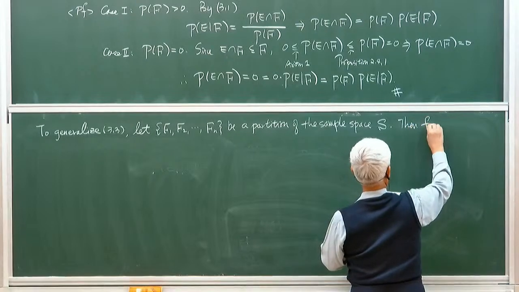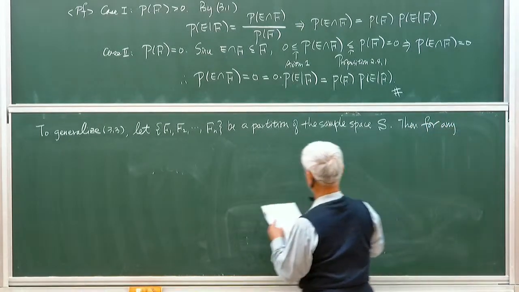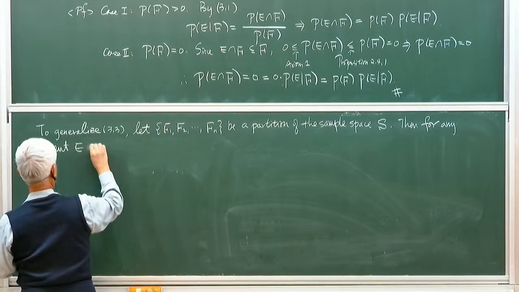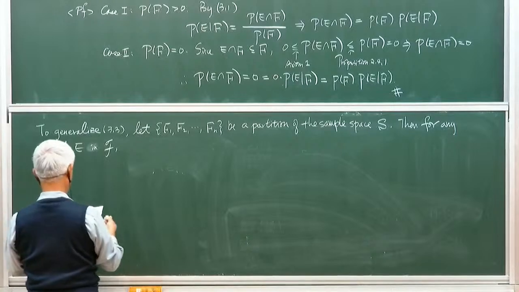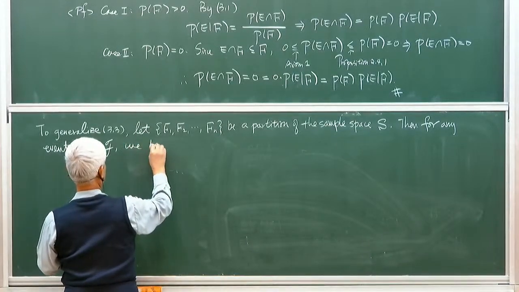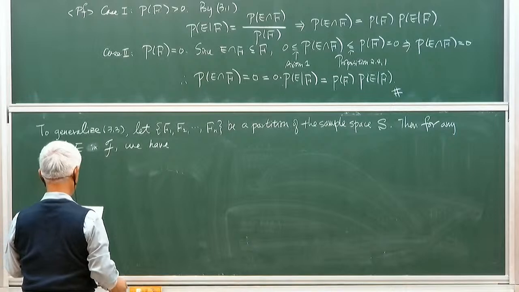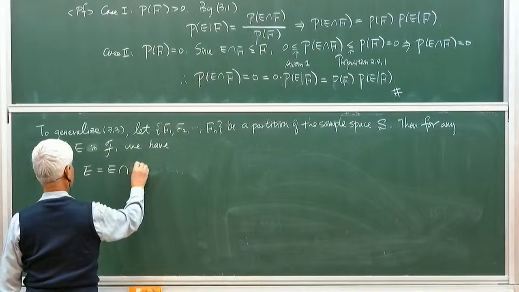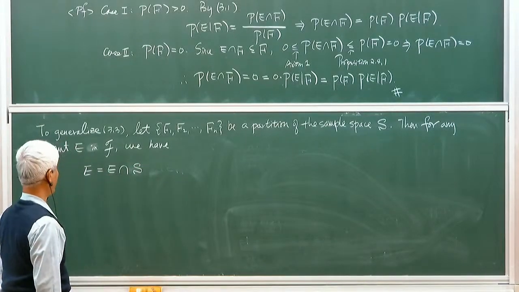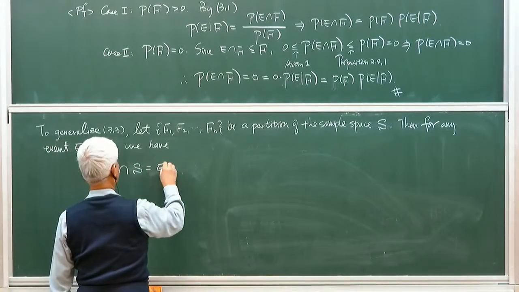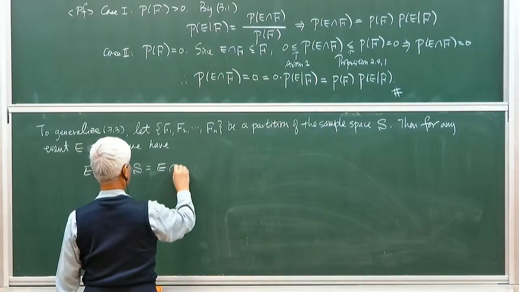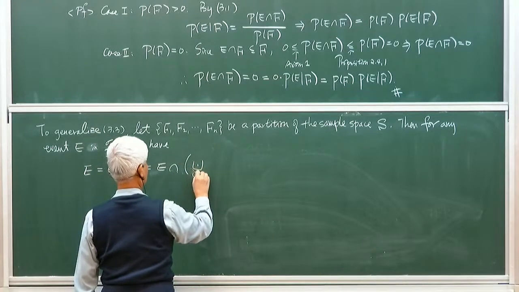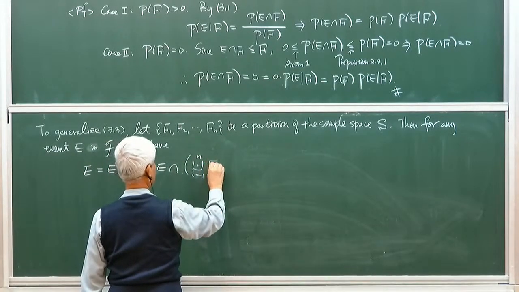Then for any event E in the sigma algebra, we have E equal to E intersect X. Because this is a partition of the sample space X, X is the disjoint union of F sub i.